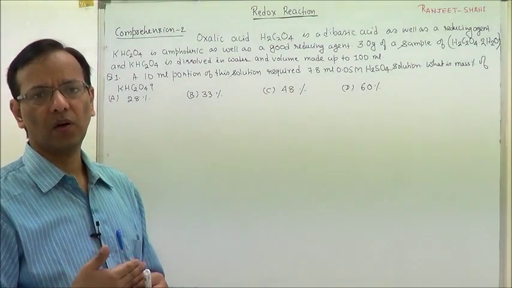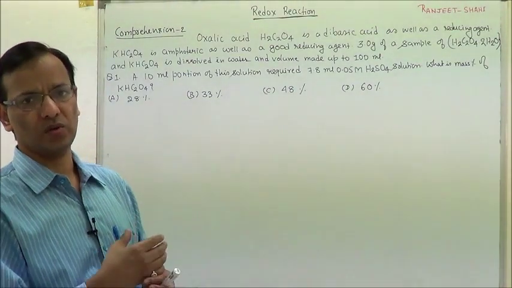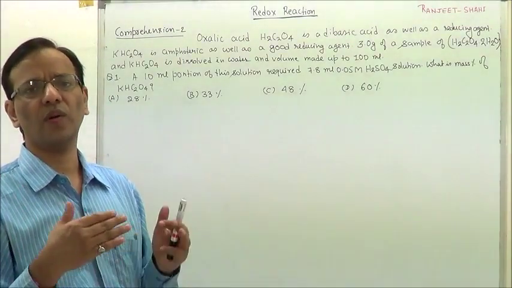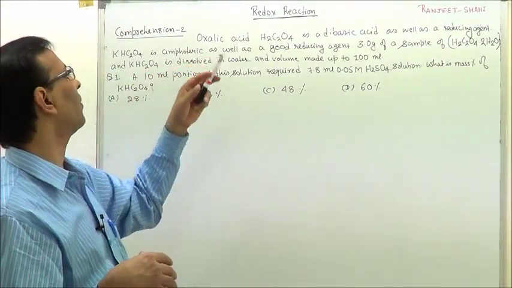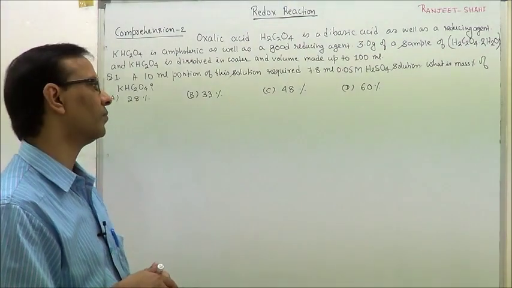In the sample we have oxalic acid, which will not react with H2SO4, but H2SO4 will react with potassium hydrogen oxalate, which is amphoteric, meaning it reacts as an acid as well as a base.